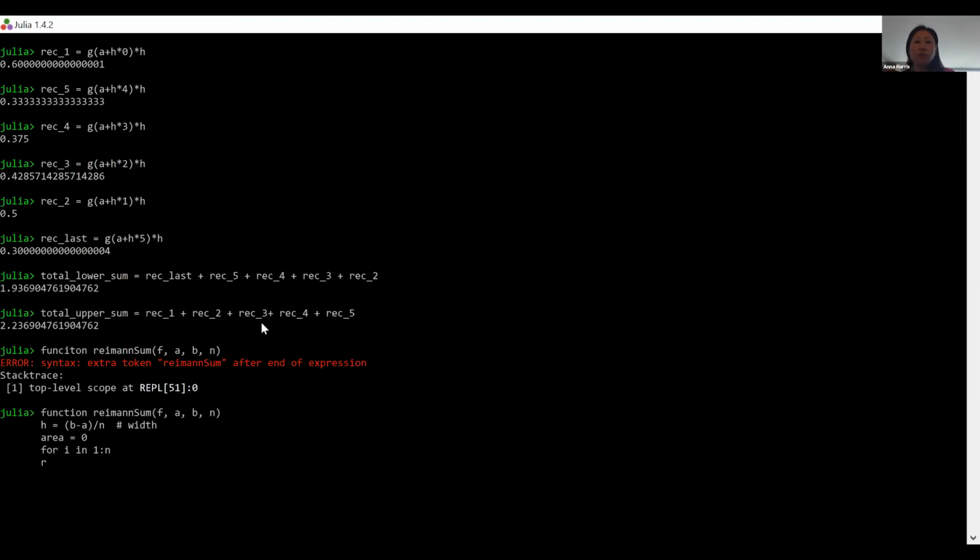So I'm going to do each rectangle area is equal to f of a plus h times i, times h. That means I'm starting with, so actually I want to start with the very first one.